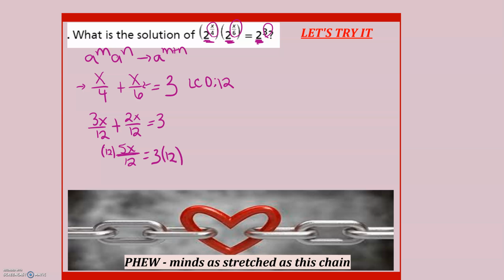So I am left with 5x equals, let's see, 3 times 12 is 36. And then now I have to divide by 5. And I would have that x equals 36 over 5.